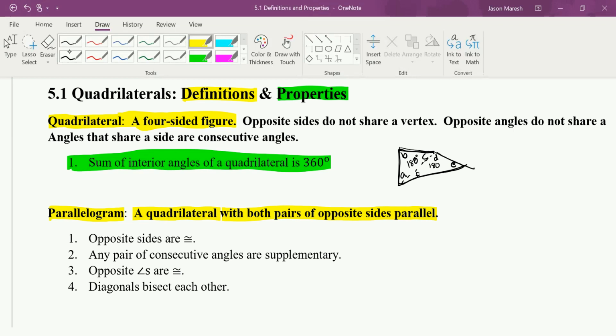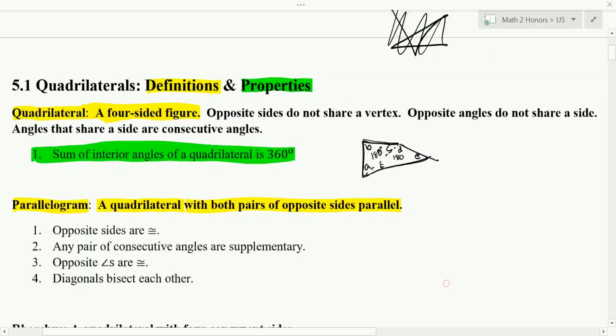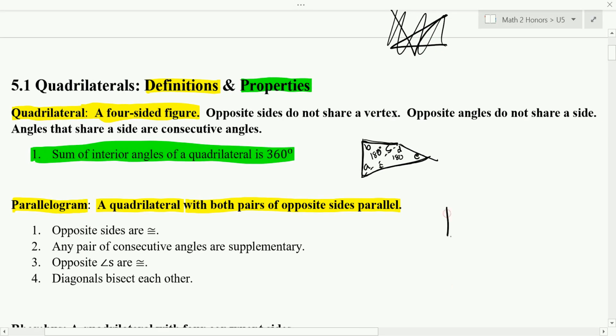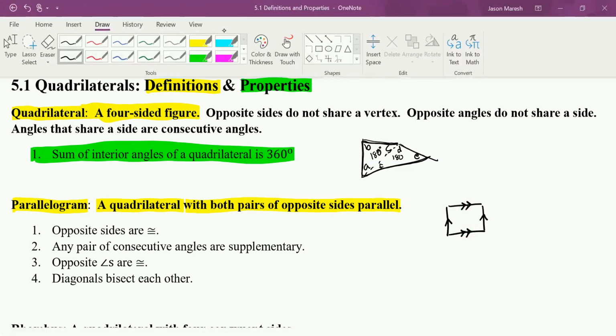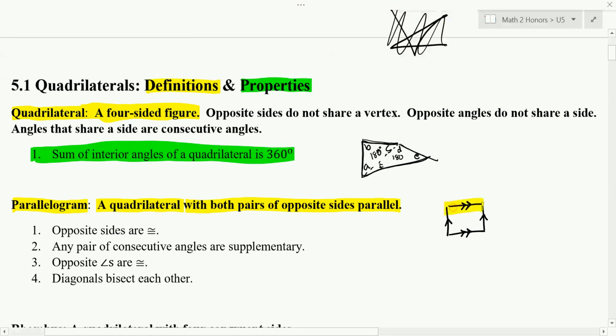So if on a quiz I were to give you 4 sides and say, mark on here the definition of a parallelogram, well, you would just do this. This side's parallel to this side, and this side is parallel to this side. And that right there would qualify. Okay, because that's the definition of a parallelogram.